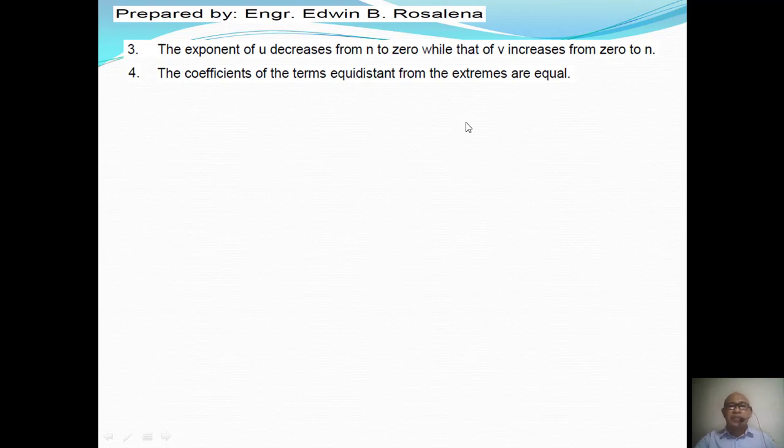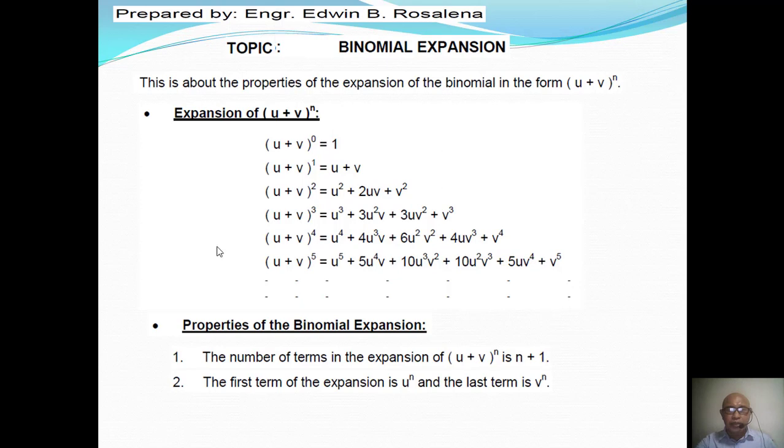Okay. So, how about the coefficient? So, bali yung properties 1, 2, 3, 4. So, nakita natin yung mga variables with the exponents na. Okay. Now, how about the coefficients of the terms? Okay. So, kung tingnan natin, paano natin makukuha tong 1, 3, 3, 1, 1, 4, 6, 4, 1, 1, 5, 10, 10, 5, 1, and so on.